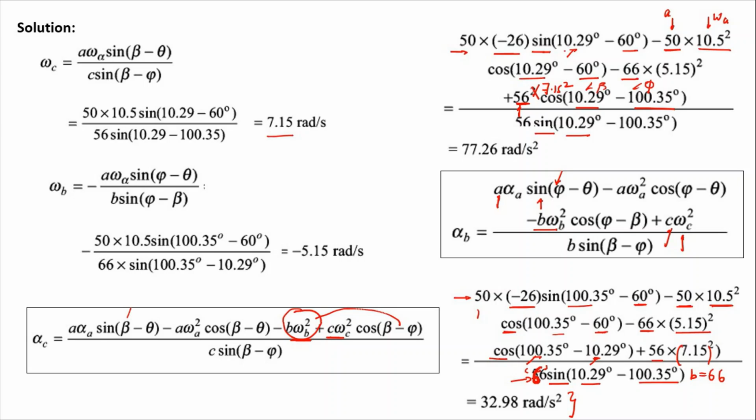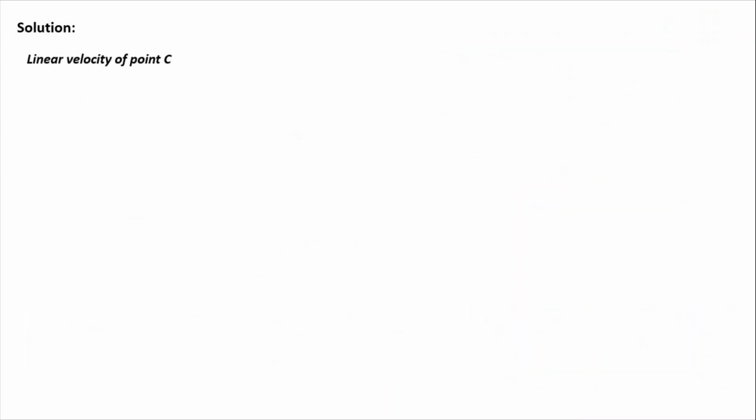Now after this let us move to calculation of linear velocity of point C. As I have mentioned earlier, once you have calculated the angular velocities and angular accelerations of all the links in the mechanism, it becomes very easy to calculate their linear velocities and linear accelerations. Let's say we are interested in calculating the linear velocity of point C. We can simply calculate this by invoking the relation v equal to r omega, where r is the distance of the point from the center of rotation.